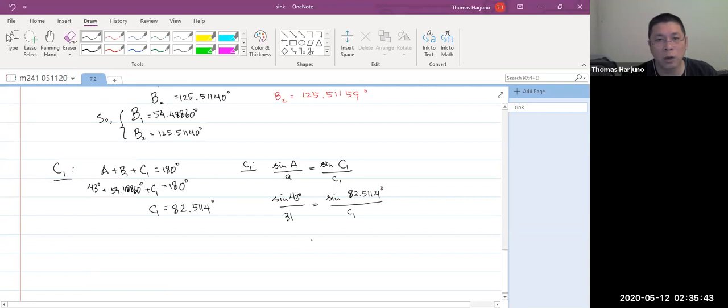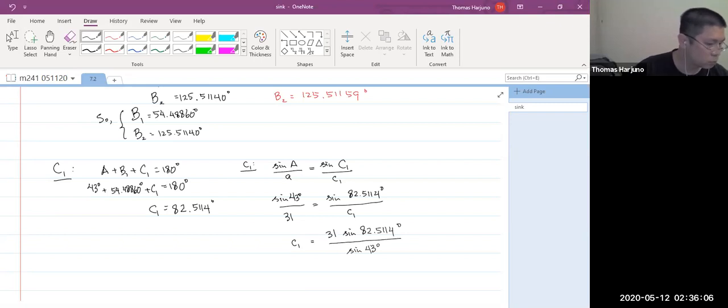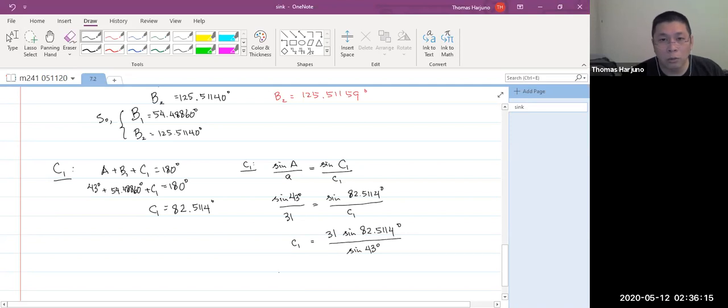So side C1 equals 31 sine 82.5114 degrees over sine 43 degrees. I get C1 equals 45.06696 feet.